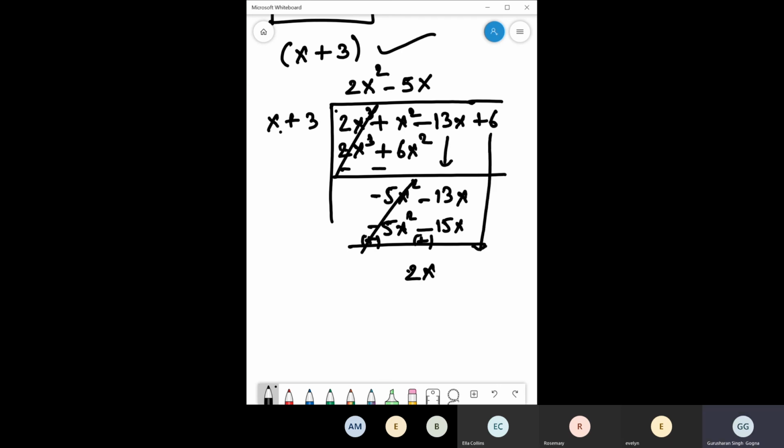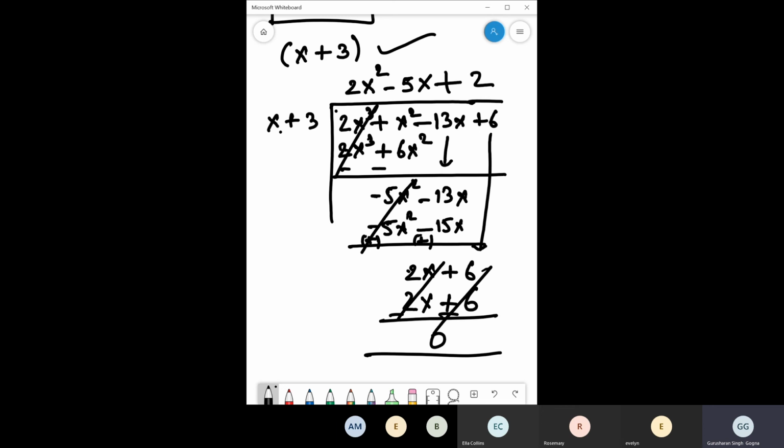And then you bring this 6 down, and repeat the process. So x multiplied by 2 will give you 2x, plus 3 times 2 is 6. If you subtract, you will get 0. So at the end, you should get 0, otherwise something is wrong in your long division.